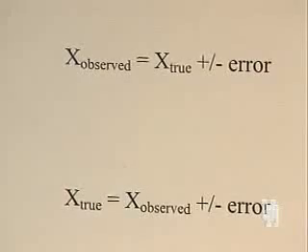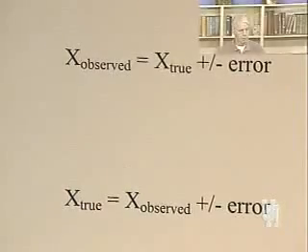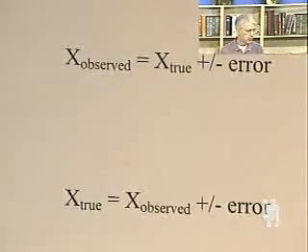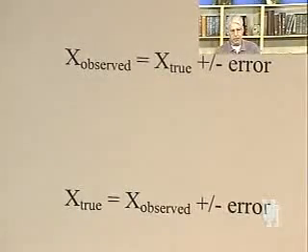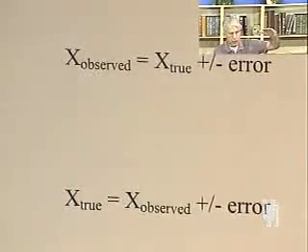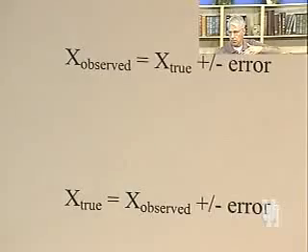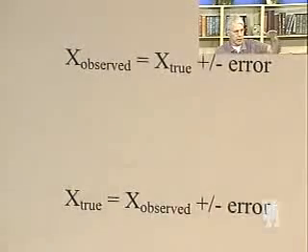The task of those who manufacture measuring devices, and there are obviously thousands and thousands of measuring devices, and the objective and task of researchers who use measuring instruments is to minimize the amount of error that leaks into the observed scores, that leaks into the instrument. You understand, for example, that a measuring device and the scores that it generates are linked inextricably. One is only as good as the other.